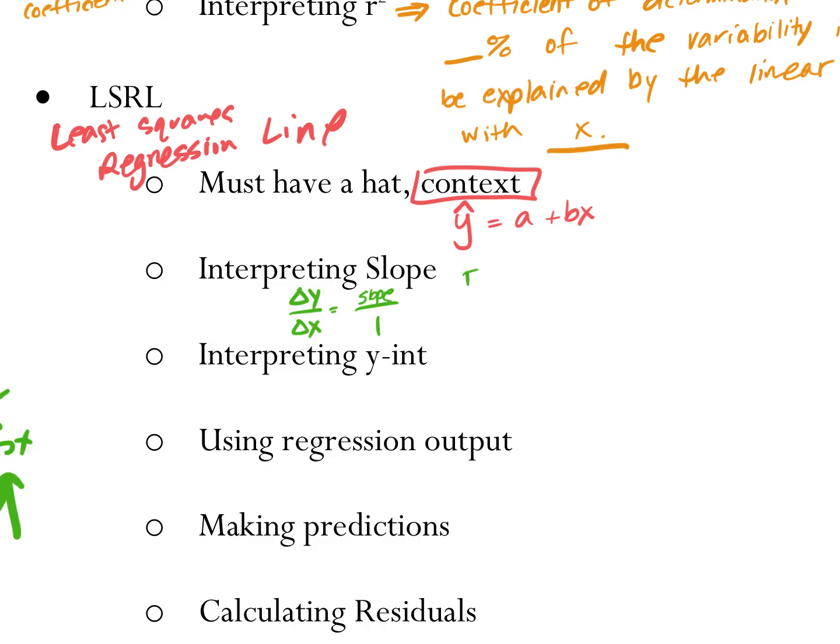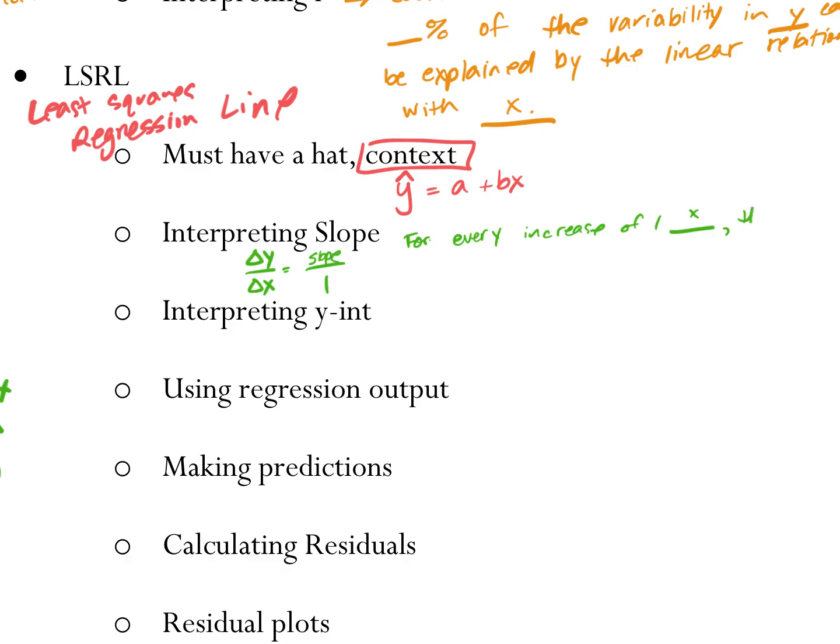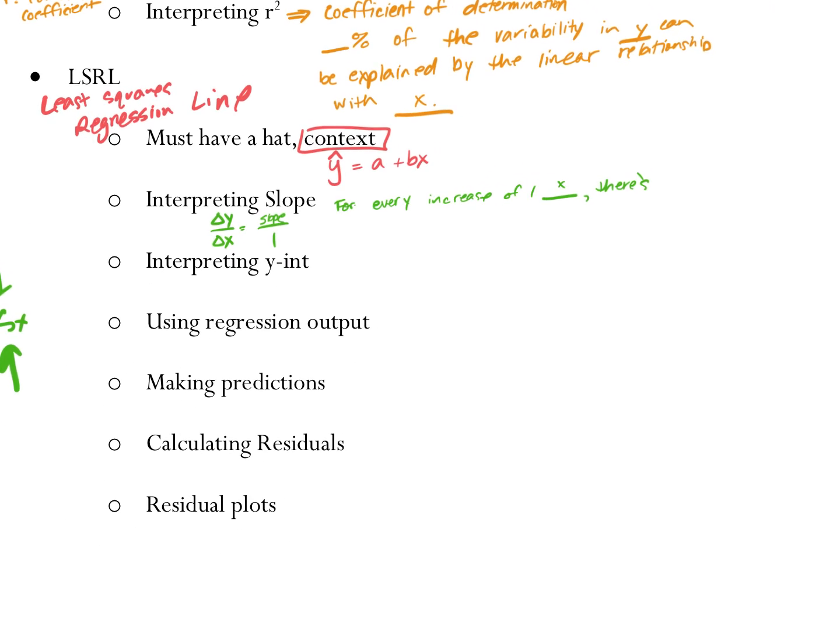So for every increase of 1 blank, and that's going to be whatever your x context is, there's a predicted increase or decrease, depending on if your slope is positive or negative, right, of blank in y.